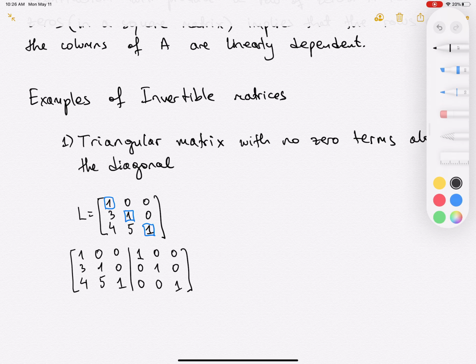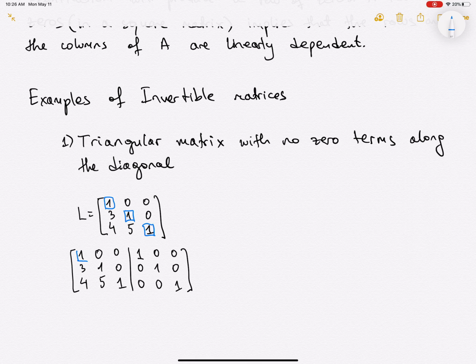Now, the first pivot, as we noted, is the first non-zero term of the first row. I'm going to carry out elimination of both terms under the pivot simultaneously. So I will have row 2 minus 3 row 1 into row 2, and row 3 minus 4 row 1 into row 3.